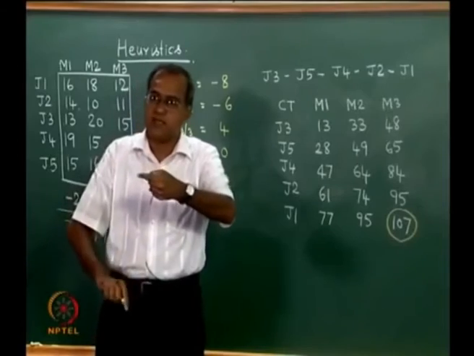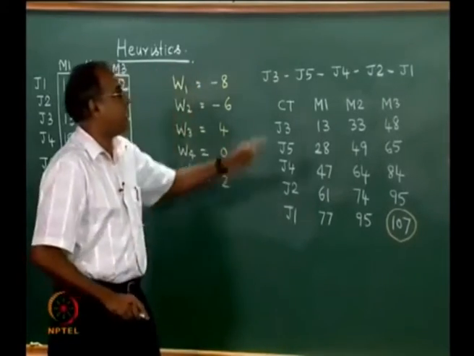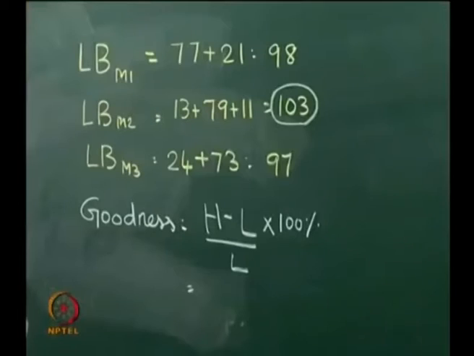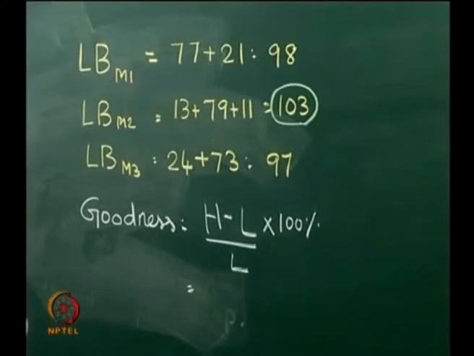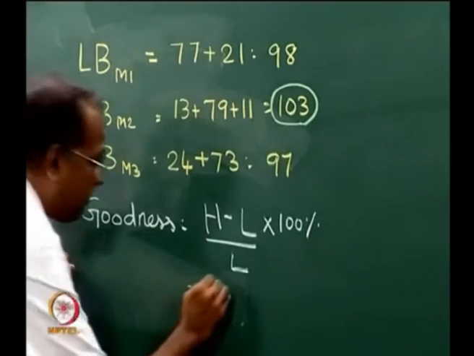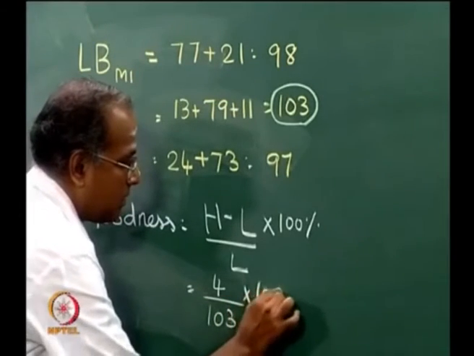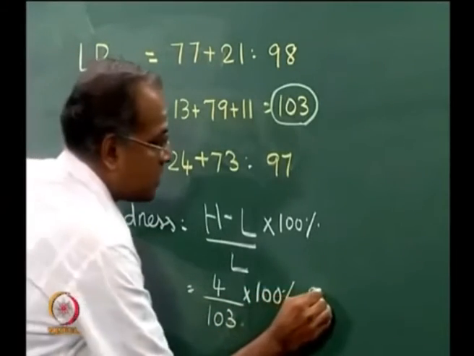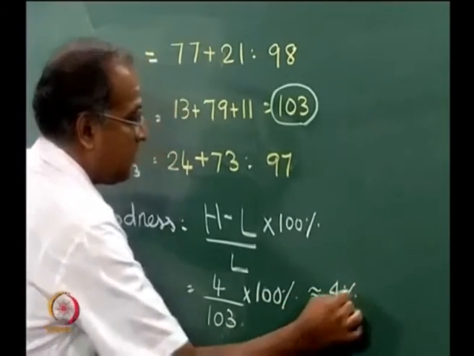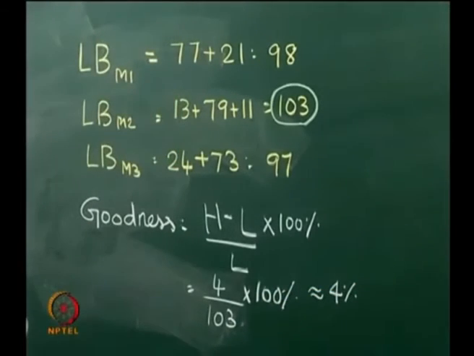If the optimum were 103, then the goodness of this is (107 minus 103) divided by 103 into 100%. So, this is 4 by 103 into 100%. So, this is approximately 4% or less than 4%, 3 point something percent, we would say 4%.